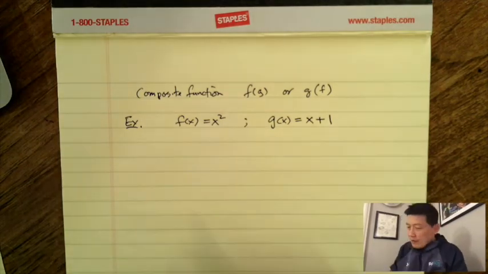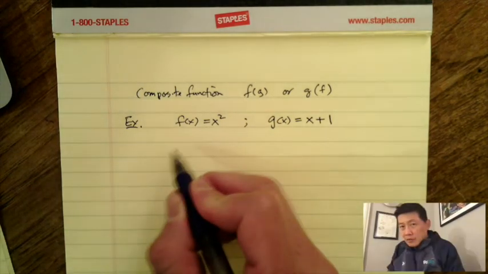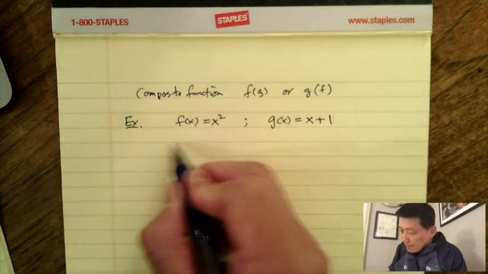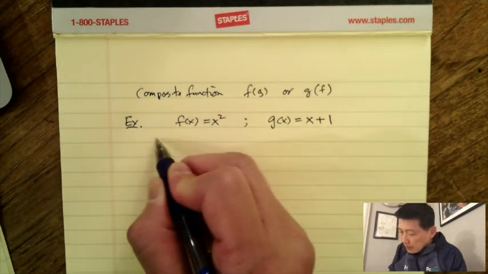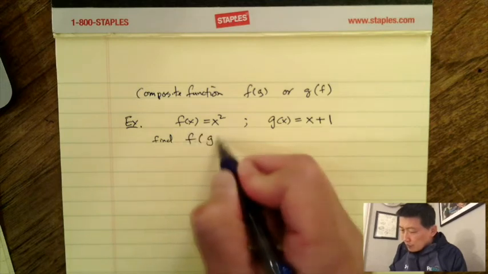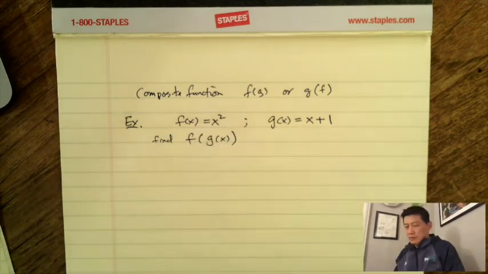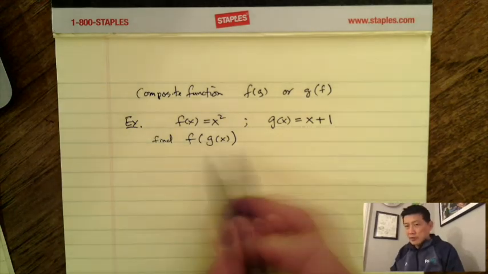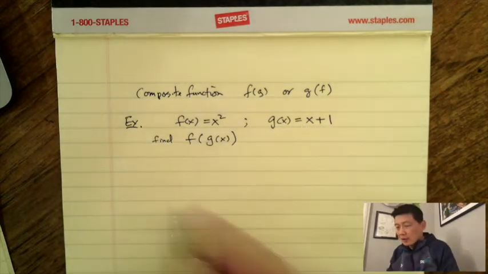So if the question says find f of g of x, that's the expression, and that's how you read it, f of g of x.